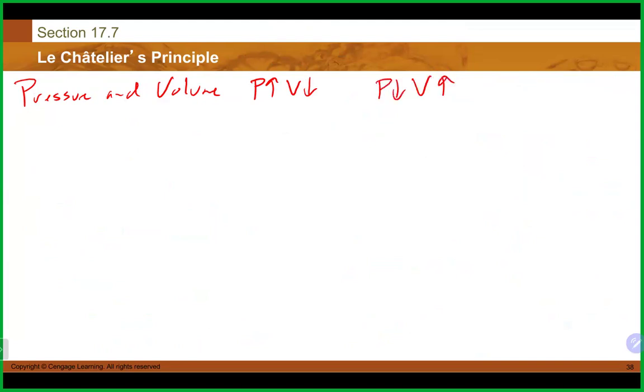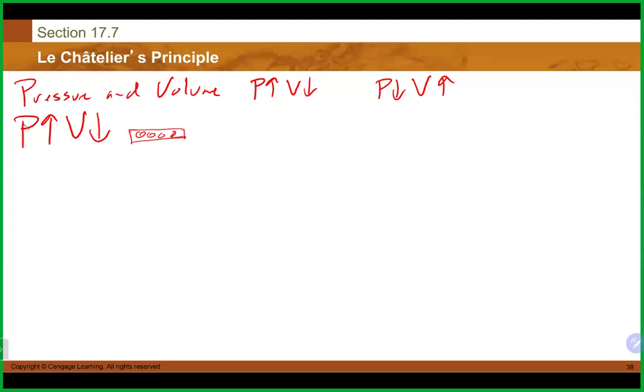And if you have an equilibrium that involves gases, you can look at the pressure or the volume, and they both basically work the same way. If the pressure goes up, that's because the volume goes down. So essentially what we have now is a small volume, and the pressure is going up because everybody's in a very small volume. That's going to lead to a lot more collisions occurring, and that's why we see the pressure start to rise. We want to fix that by bringing the pressure back down.